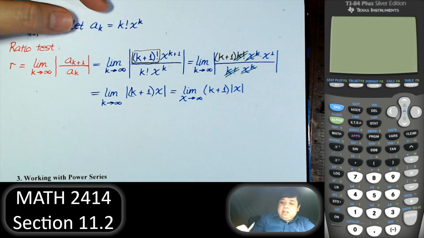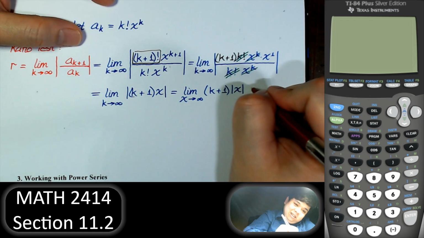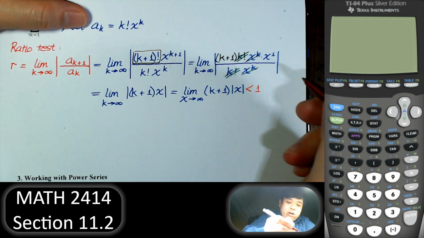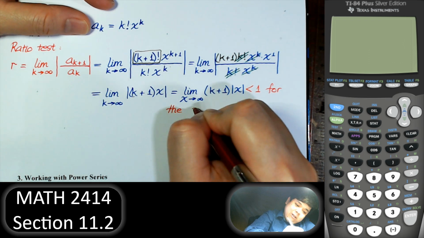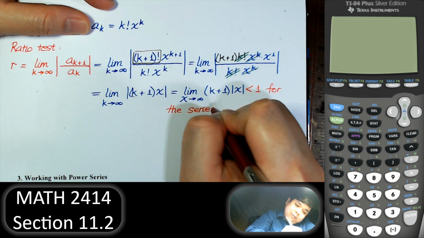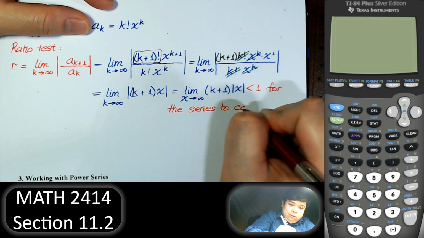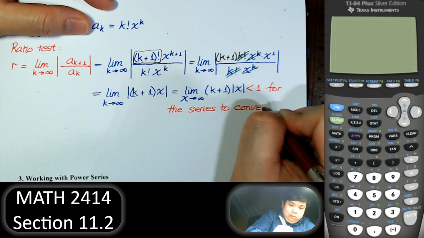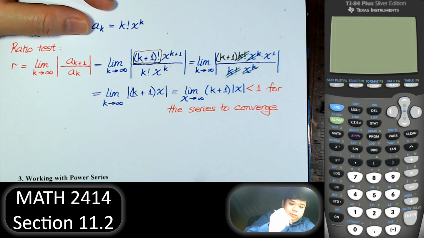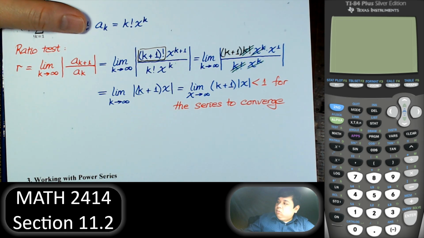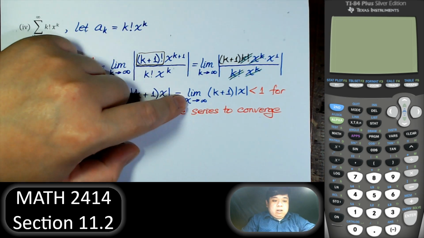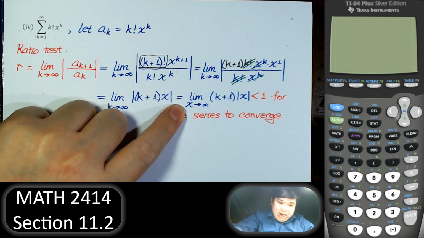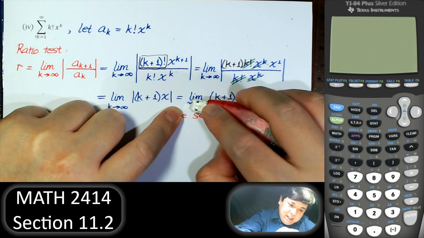Now, this has to be less than 1 for it to be convergent. But I don't know why I wrote x here. That should be k, right?